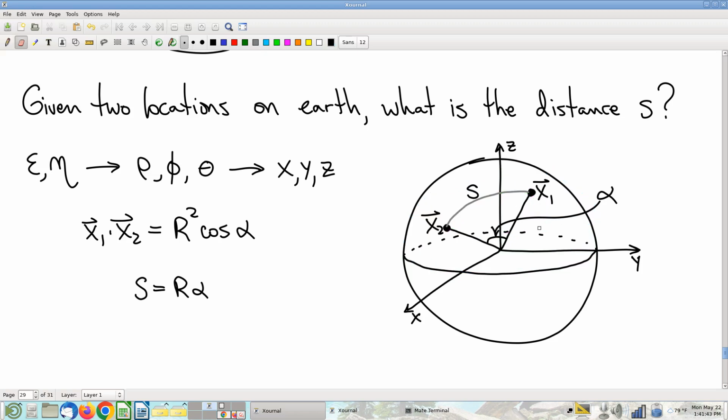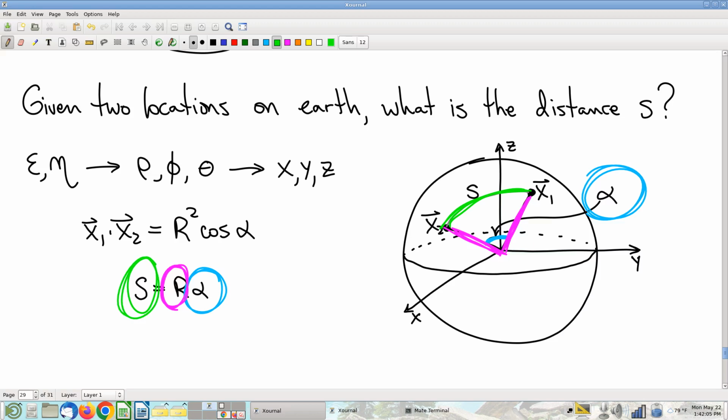So, the lovely argument is to realize that all we really need to do is to figure out that angle. Once you know alpha, and we know the radius, the arc length that we're interested in is just radius times angle. That's an old geometry formula. I hope everybody remembers that one.